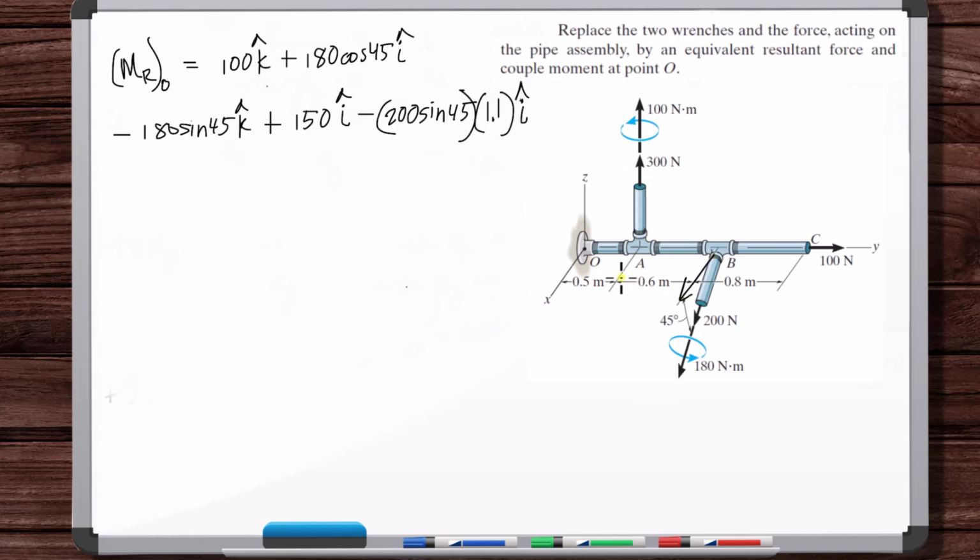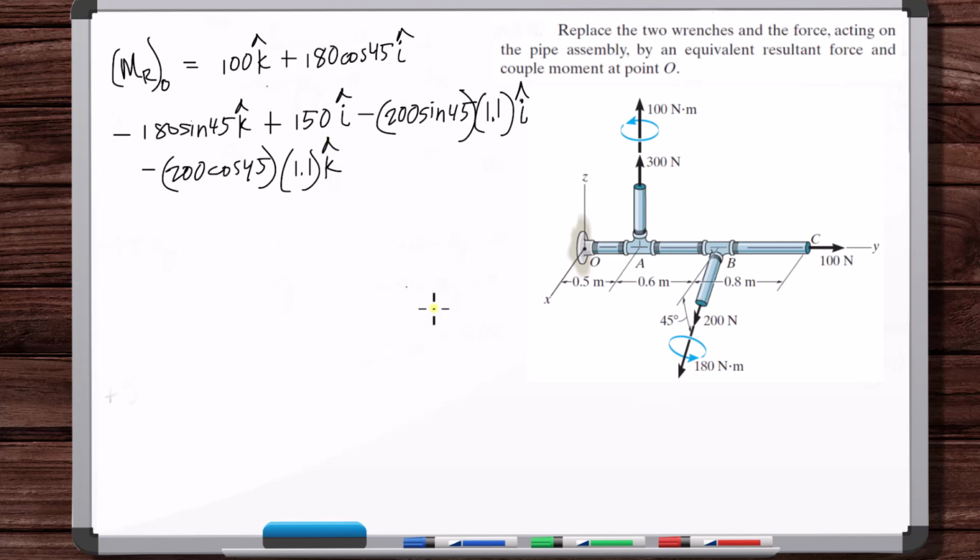So positive z hat is in this direction, so this is about the negative z direction. Okay, so negative 200 cosine of 45, adjacent over hypotenuse, and then the moment arm is also 1.1, and that's k hat.